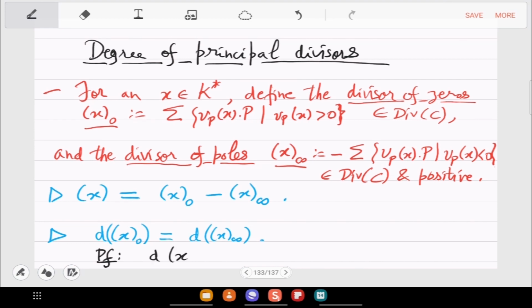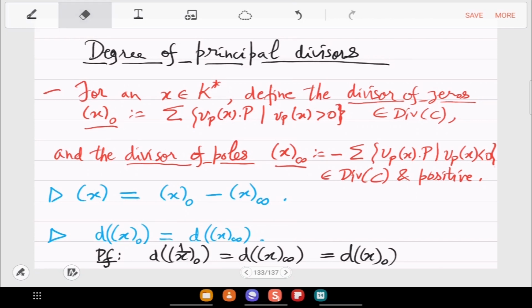So degree of 1 over x is degree of x infinity, and I want to say that it's the same as degree of x 0, but why is that? Or maybe let's put it in the middle.